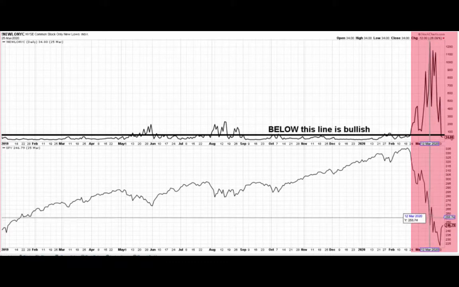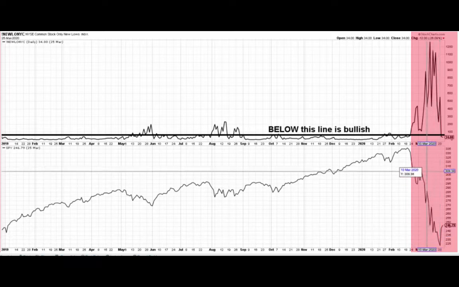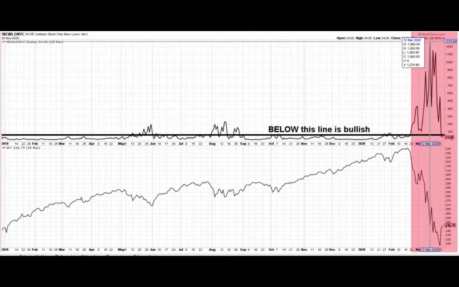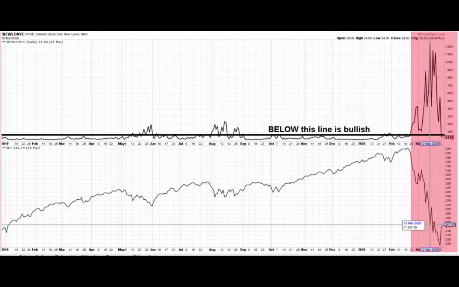So the price kept falling even though fewer stocks were making new lows, which means the stocks that were already hitting new lows were just getting weaker and weaker, because we're looking at the number of stocks, not how far they're falling. So for this one, how many stocks are making new lows? This has dropped, and this is a positive sign that possibly the peak on the amount of stocks making new lows happened on March 12th.